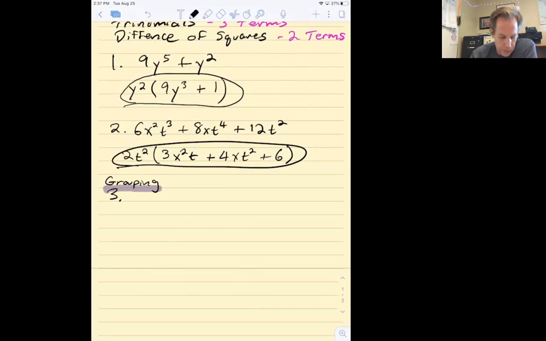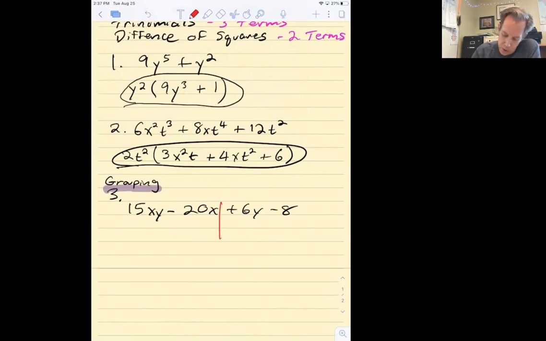Okay, so let's start with 15xy minus 20x plus 6y minus 8. Usually when I do grouping, I like to split the problem into 2. Sometimes people use parentheses to do that. I just usually draw a line. What we're going to do is take out the greatest common factor from the first 2 terms and then also the greatest common factor from the last 2 terms.